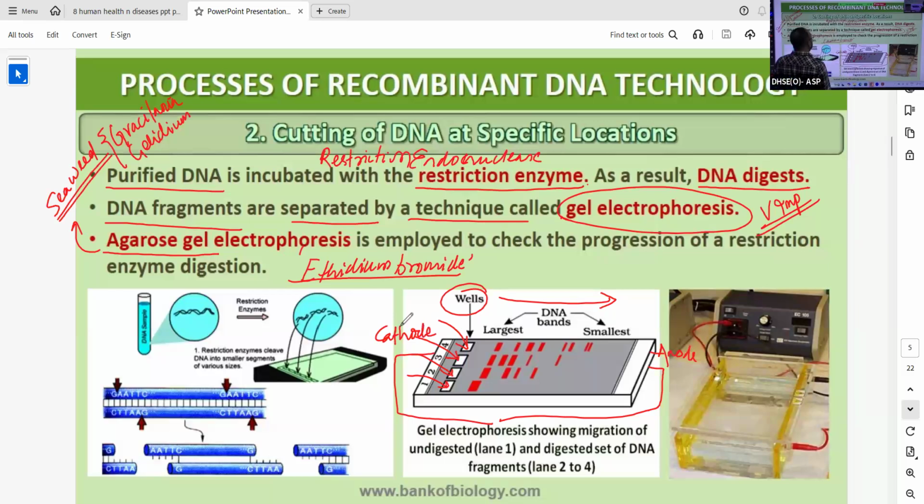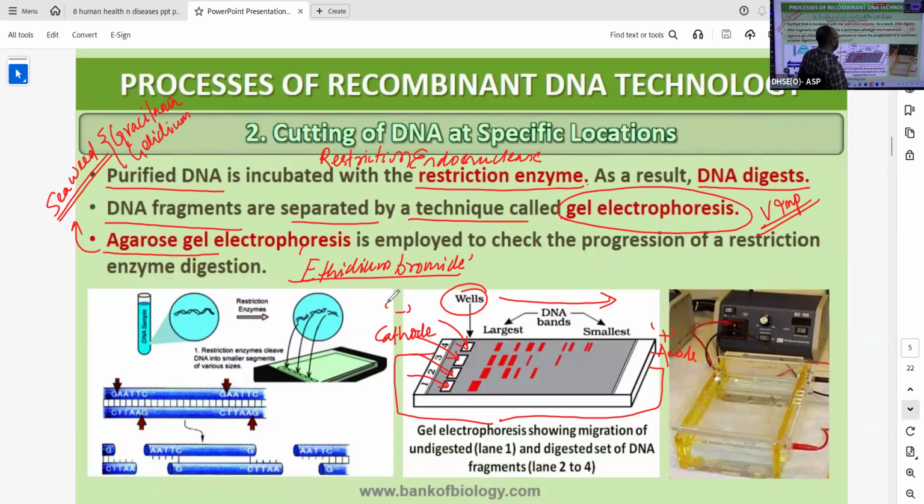Negatively charged fragments start moving towards the anode, which is the positive.